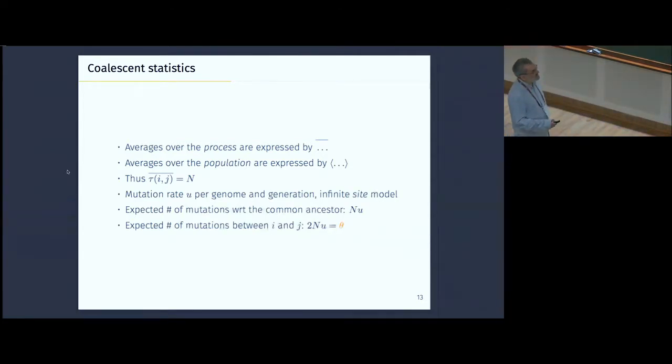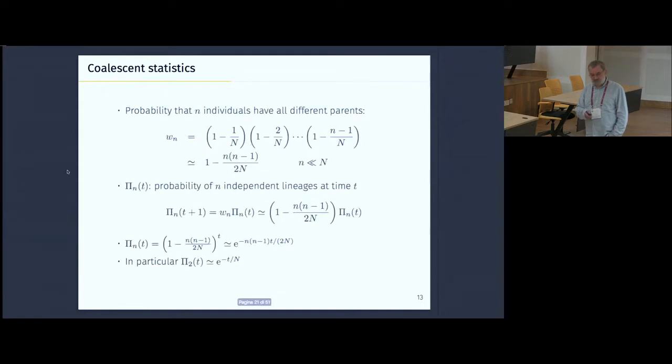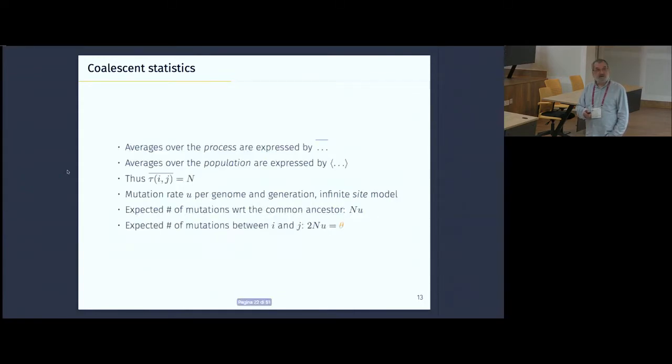So I will denote the average of the process by the overbar and the averages of the population by the angular brackets. If you take this formula that I just derived, what you get is that the average of the process of the age of the last common ancestor of two individuals picked at random is equal to the population size, which is, I think, a nice and clean result.